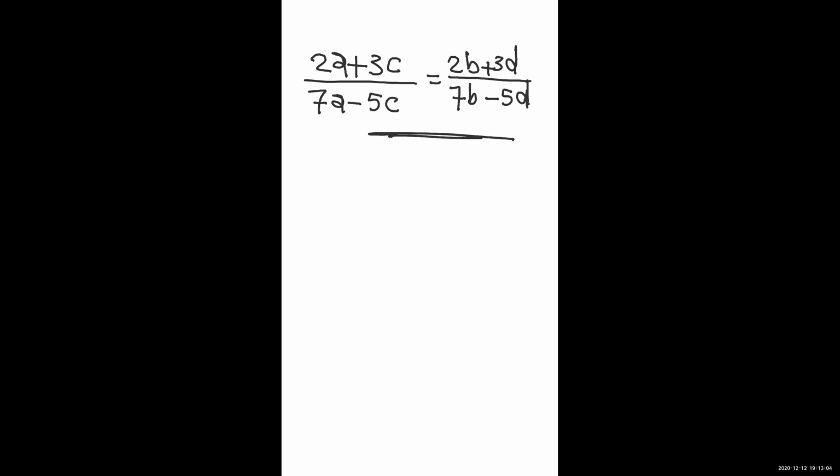Okay, how to prove that? First, it's mentioned in the question that A and B and C and D are proportional quantities, so A over B equals C over D, so it equals M. Then we get A and C, sorry, A equals BM and C equals DM.